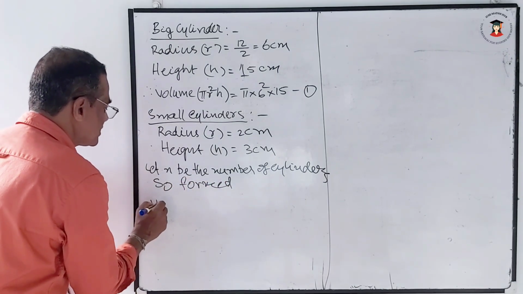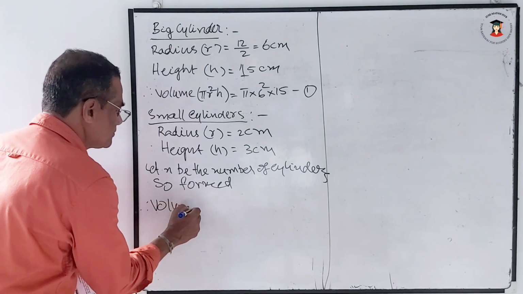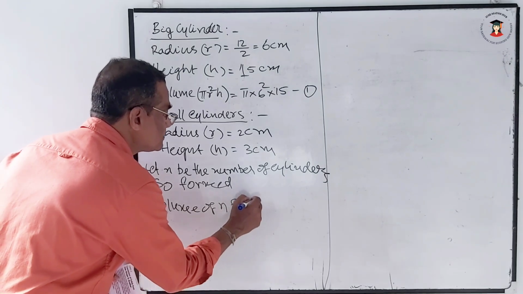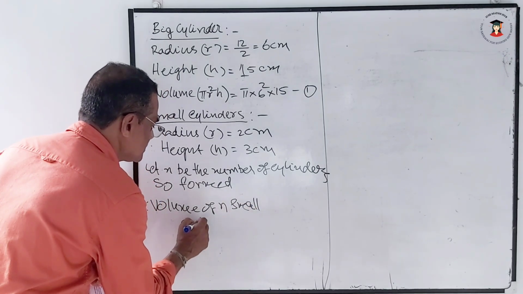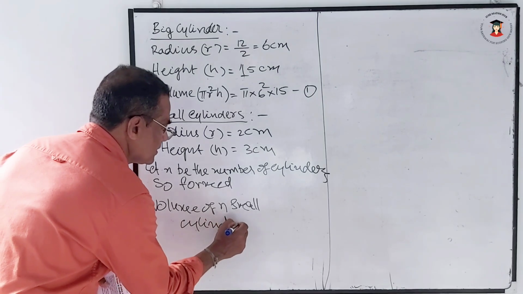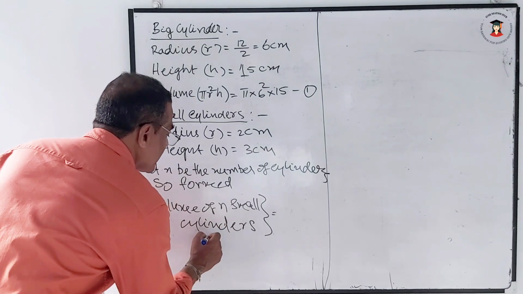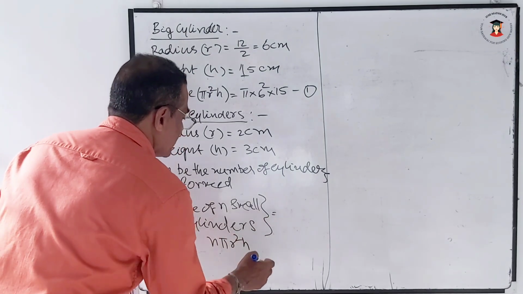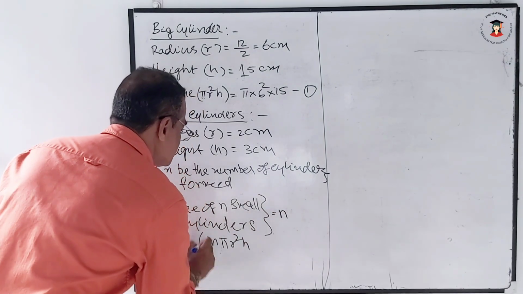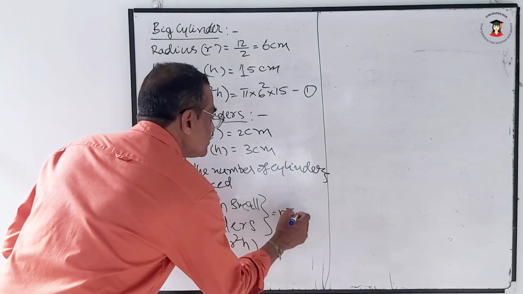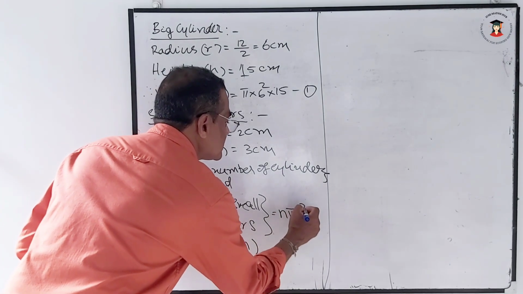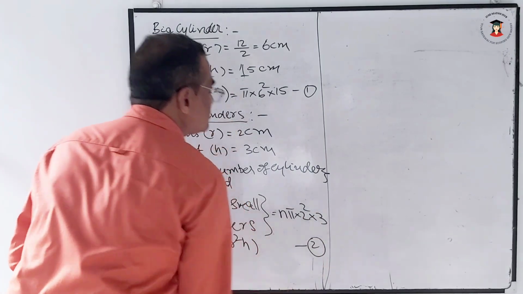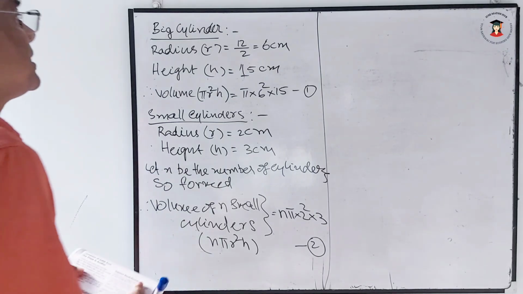Therefore, volume of n small cylinders, that is n into pi r square h, that is equal to n into pi into r is 2 square and h is 3. This is equation number 2. So this is the total volume after melting.